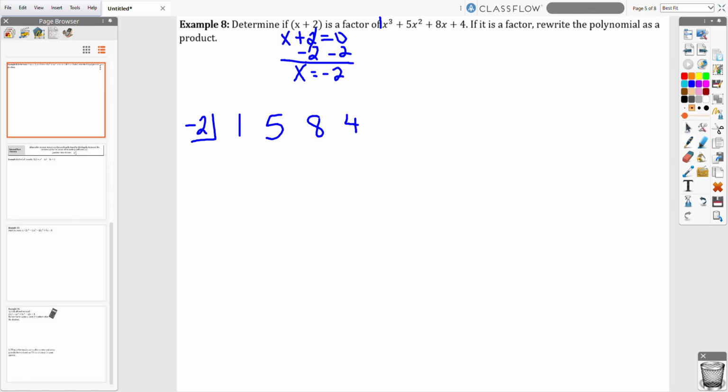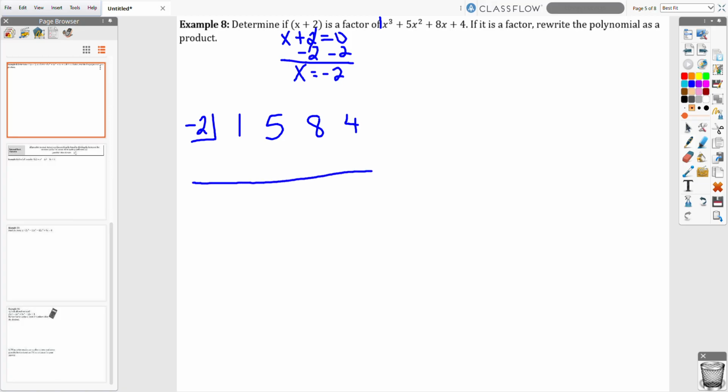Also remember if there were any missing terms after the x cubed, then we would need to put a 0 in there. So if that 5x squared was missing, we would still need to put a 0 where that 5 is. Luckily we weren't missing any terms on this one, so we didn't need any zeros.